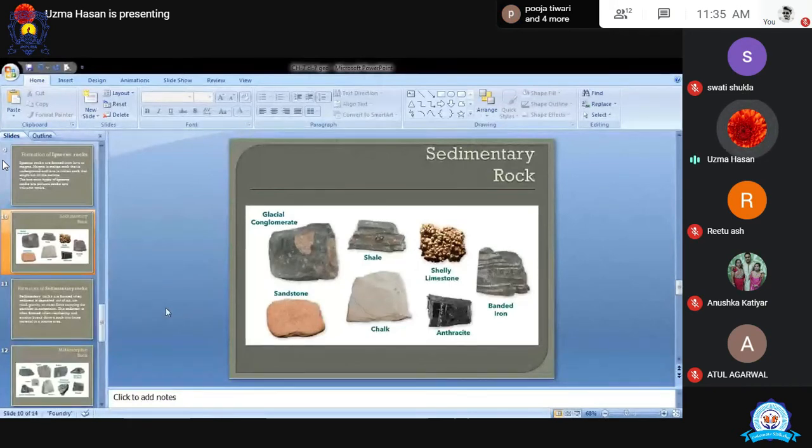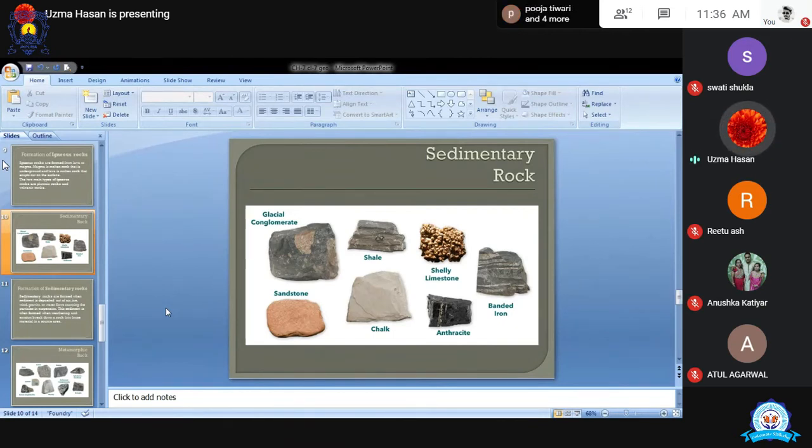Next is sedimentary rock. The examples of sedimentary rocks are sandstone, shale, limestone, banded iron, chalk.